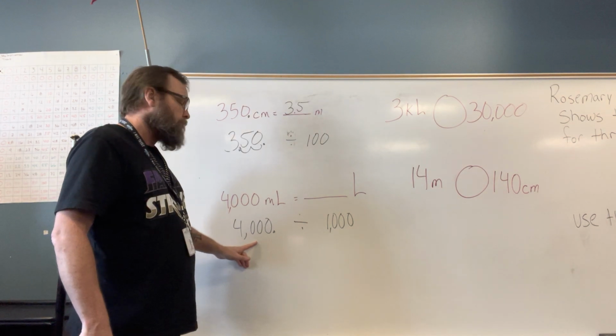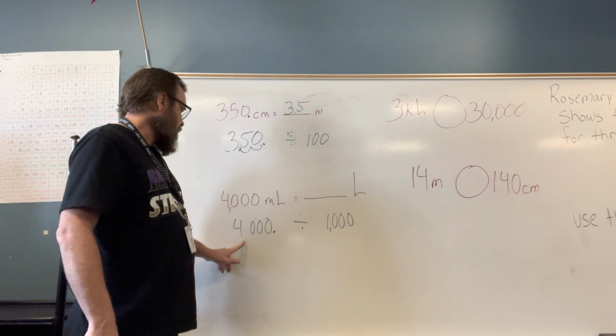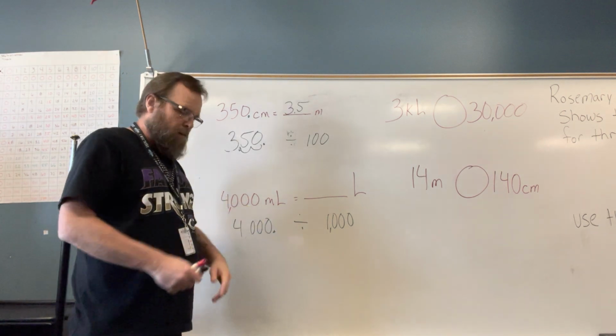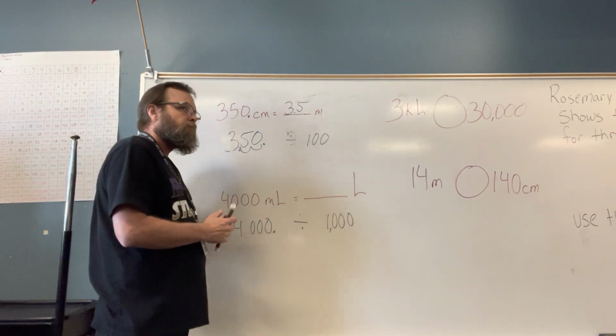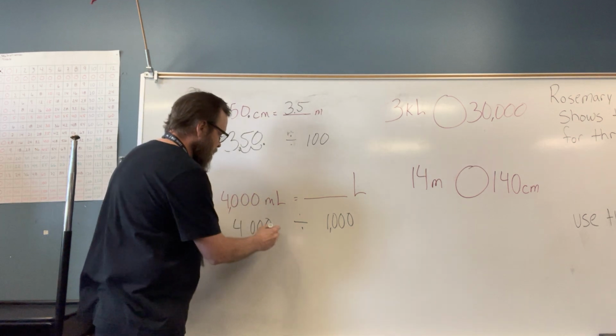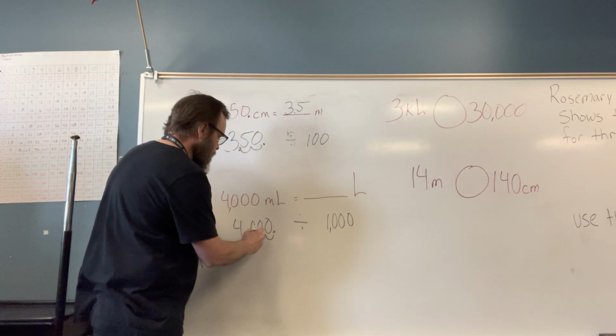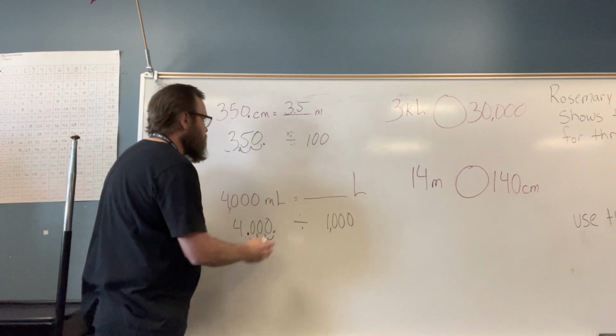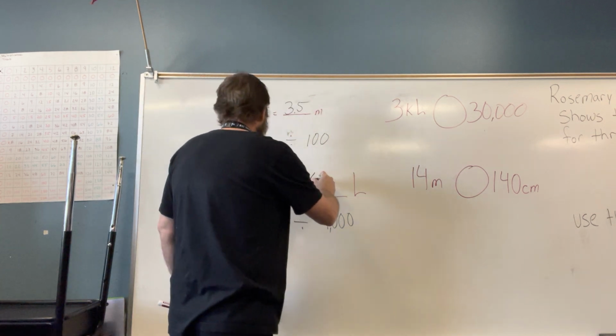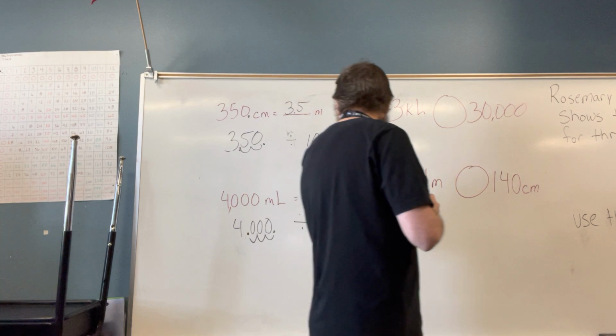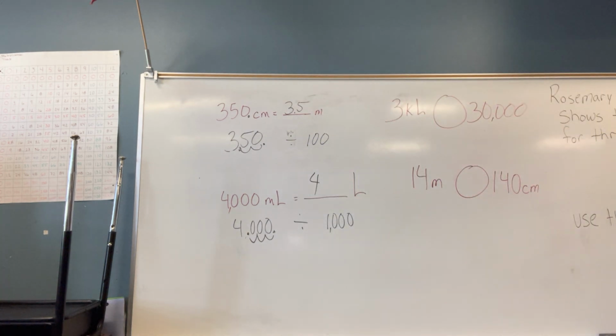Left, good. And how many times do I move it to the left? 3 times, because we're dividing by 1,000. So I want to make it 1,000 times smaller. So 4,000 milliliters equals 4 liters.